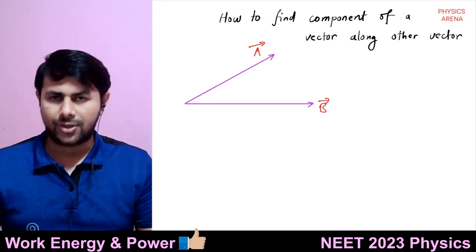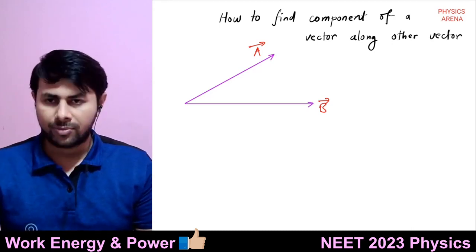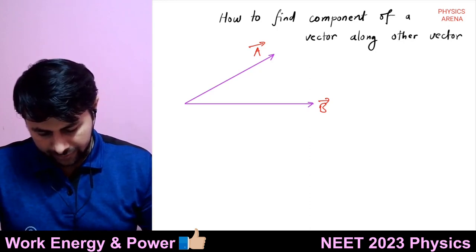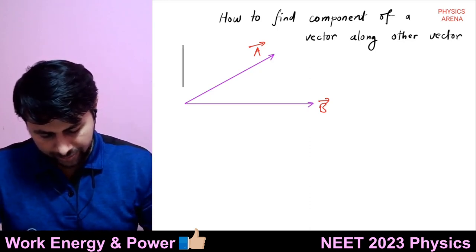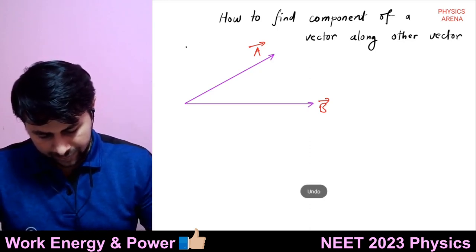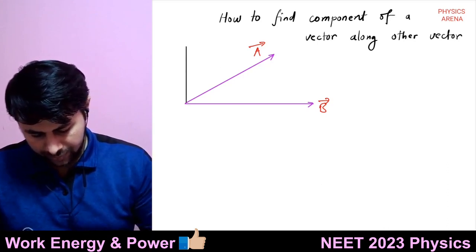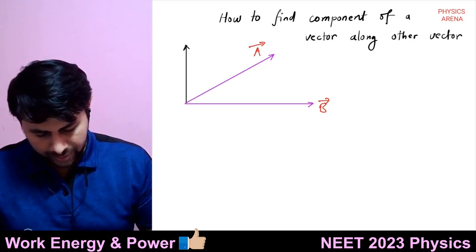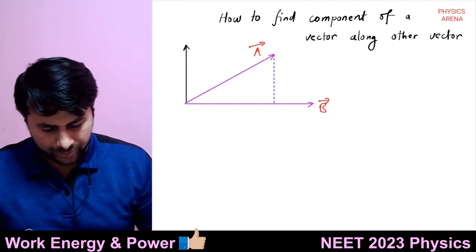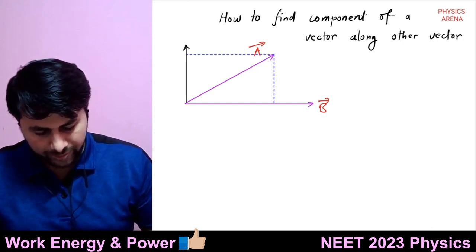I can resolve this a bar into two components, right? One along b bar, one perpendicular to b bar. The component along b bar would be this much, and the component perpendicular to b bar would be this much.